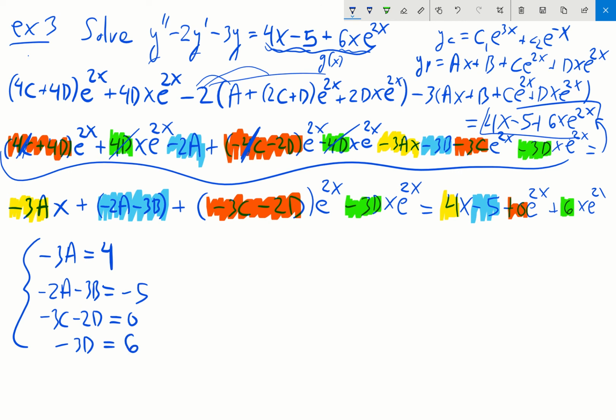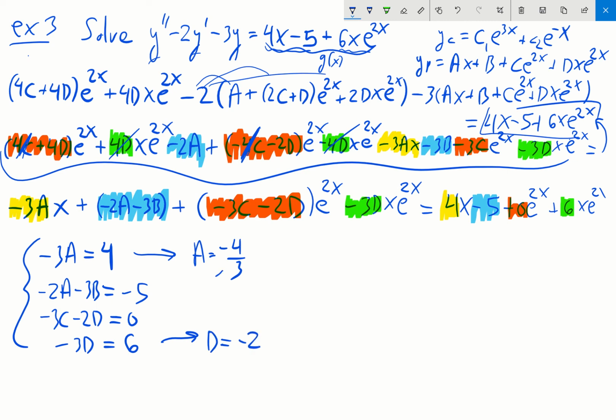So what we end up with is 4 equations in 4 unknown variables, those variables being a, b, c, and d. And we immediately get some information. The first equation, you can divide both sides by negative 3, and that will tell us that a is going to be negative 4/3. The last equation, you can simply divide by negative 3, and that will tell us that d is going to be negative 2.